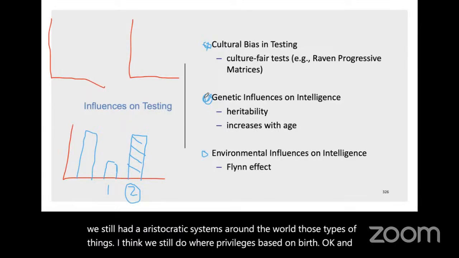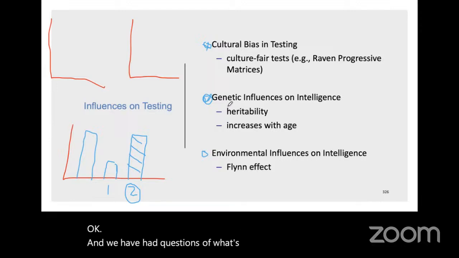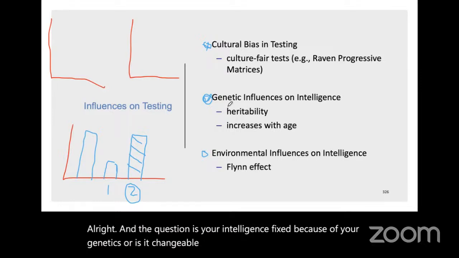And intelligence was seen as something of privilege, okay? And we have had questions of what's known as heritability, all right? And the question is: is your intelligence fixed because of your genetics, or is it changeable based on experience, okay?